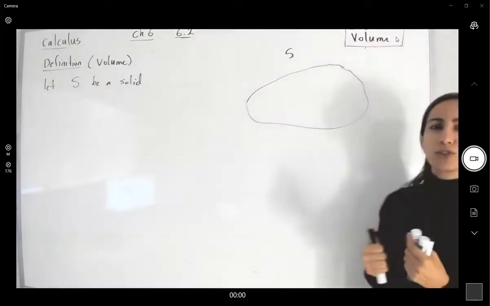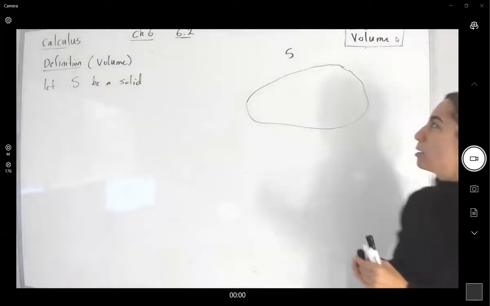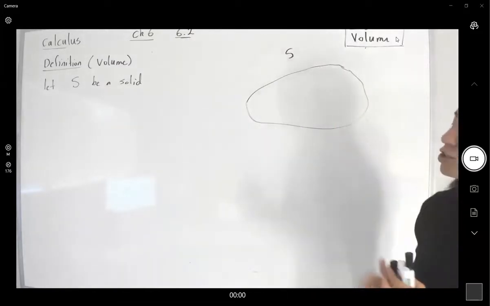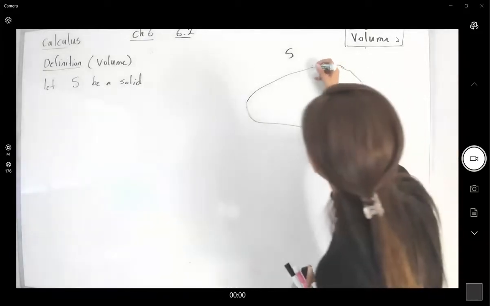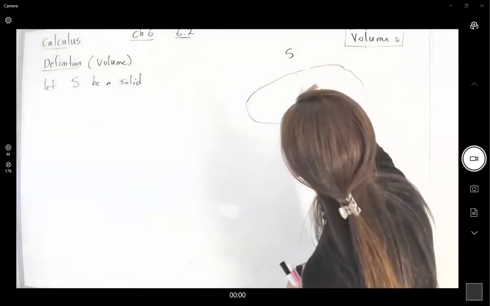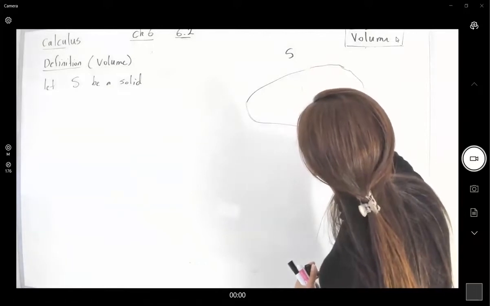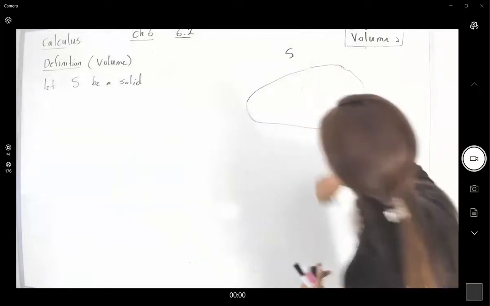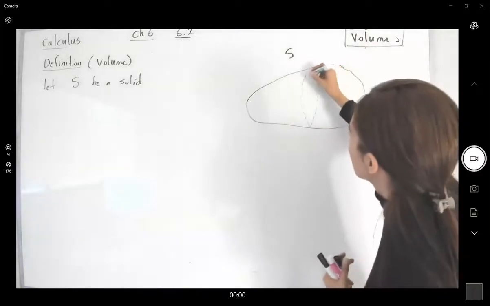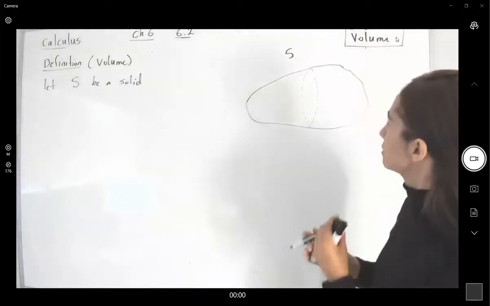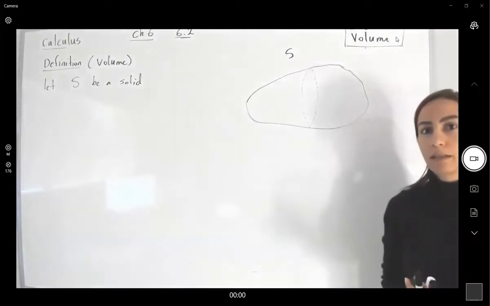What are we trying to do? We're trying to take a look at the cross-section of this solid. Okay, a cross-section of this solid. It's going to be this little piece here, cross-section, and then this guy has an area, all right?